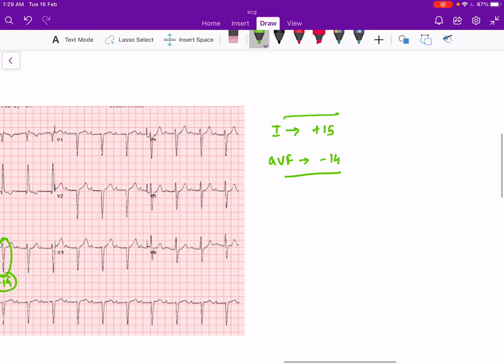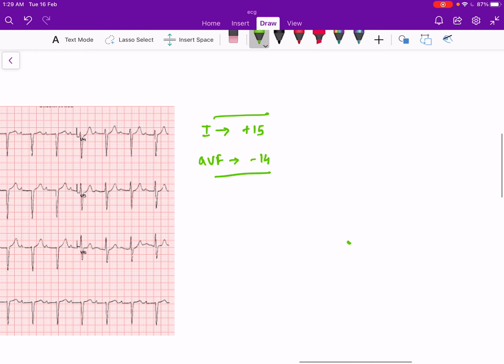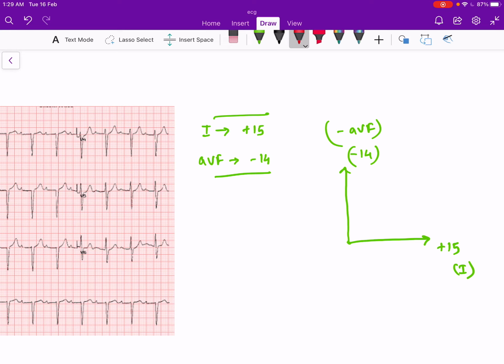So if we extrapolate these two leads, we have lead 1 with plus 15 and lead AVF with minus 14, which is our minus AVF. So the electrical axis in this case will lie somewhere in between these two leads and more towards lead 1.